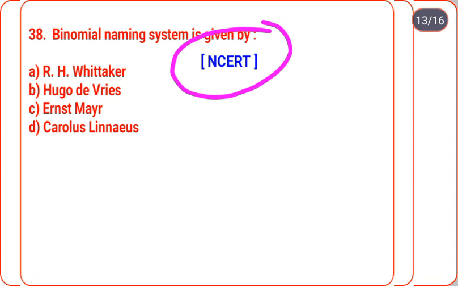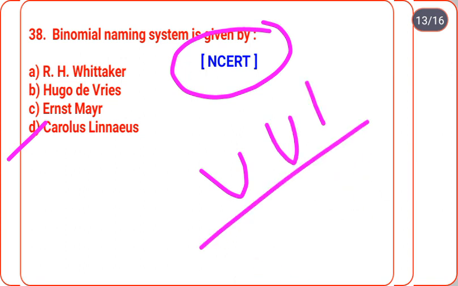Yes, here D is the correct answer, Carolus Linnaeus. Remember it. Very important question. Why is it very important? Because all these questions are extracted from the NCERT book. NCERT book means the Bible for NEET and JEE Mains.